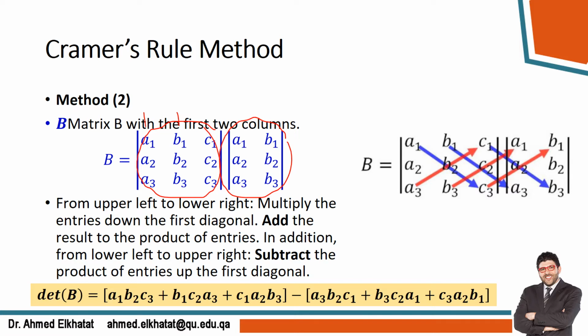In this part, it's a little bit different. We multiply along the diagonals from the upper left to the lower right.